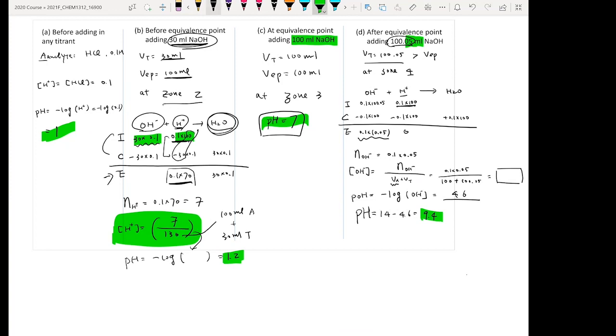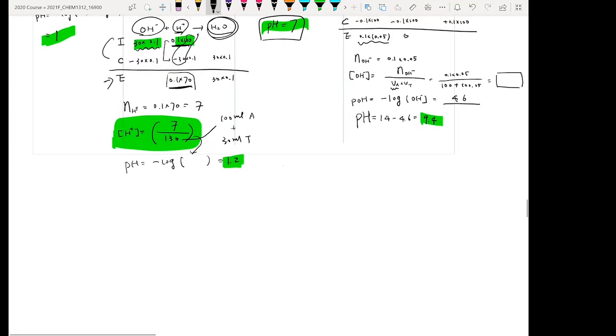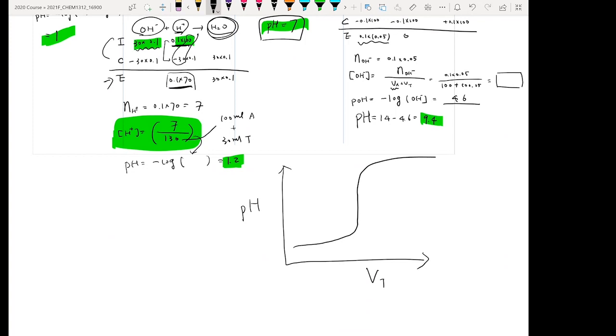If you really do these experiments, which I think you are going to do in your Jenkins experiment, and plot your pH with the x-axis as the volume of your titrant, you should expect to see something like this. It increases slowly, then shoots up quickly, and then levels off like this. Once you map out this curve, you can know where your V_EP is. You can find the center point, and that will be your V_EP.